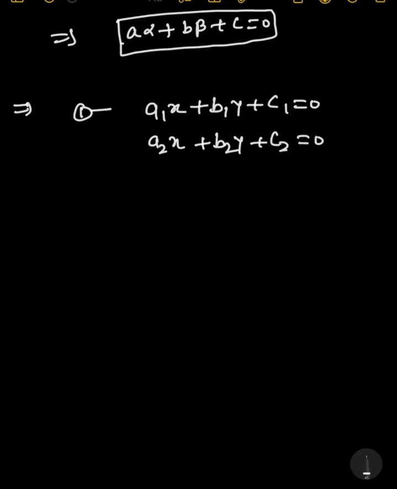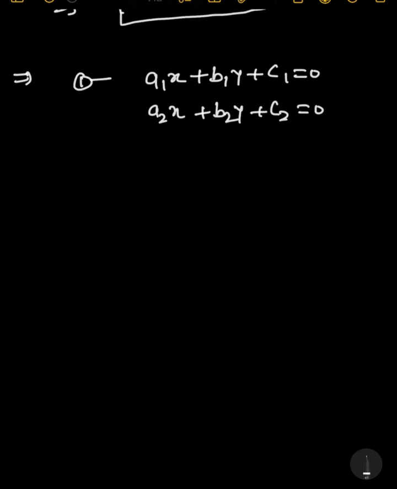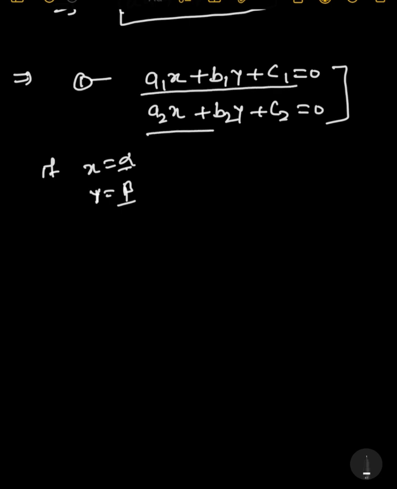In this case, if we have to find the solution of these two equations simultaneously, then if x equal to alpha and y equal to beta are the solution of this simultaneous equation, then this value of x and y simultaneously satisfy this equation and this equation also.